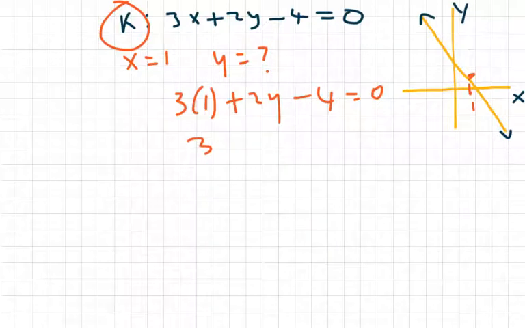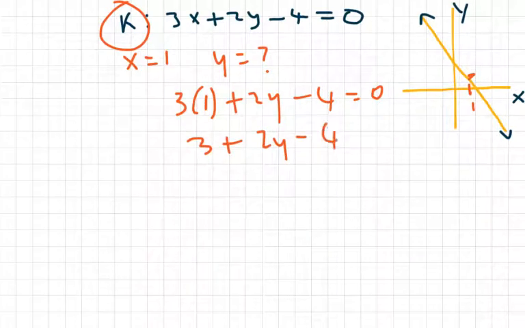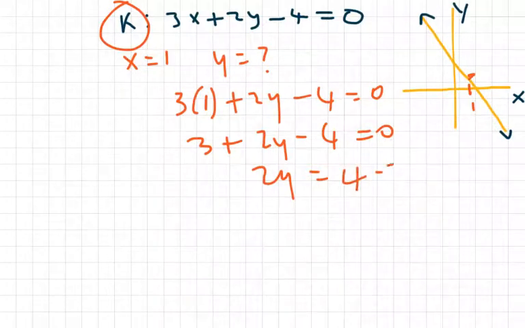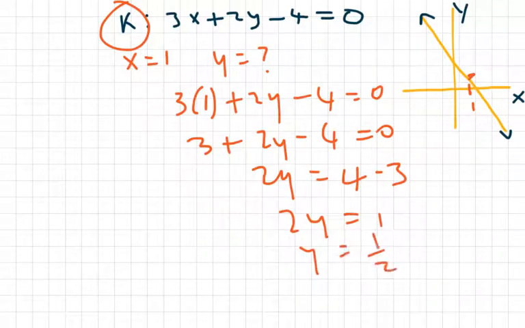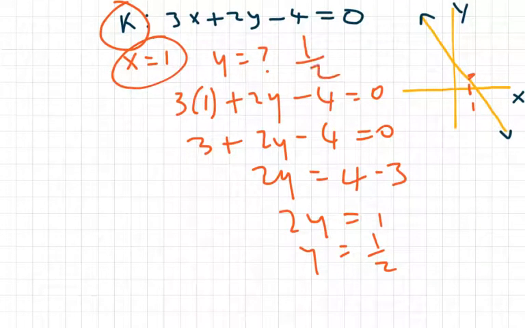That means 3 plus 2y minus 4 is equal to 0. Leave my 2y here and get my other two numbers across to the far side, which is 4 minus 3. That means 2y is equal to 1, and y is equal to a half. So we've just discovered that when x is equal to 1, y is equal to a half. So our coordinate is 1 comma a half.